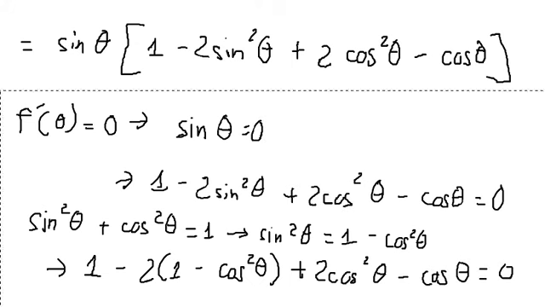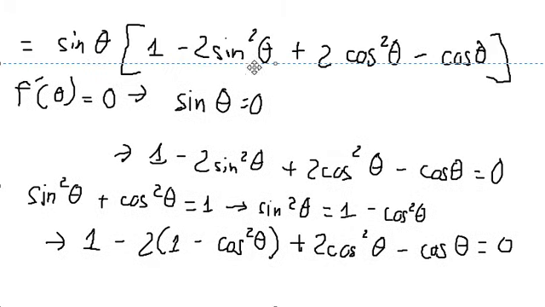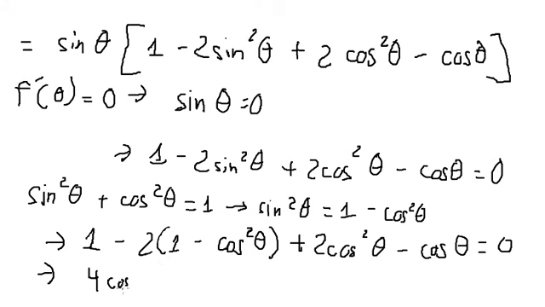So if I simplify this one, we will have 4 cosine theta squared. So negative 2 plus 1, we have negative 1. And now we need to find the solutions.